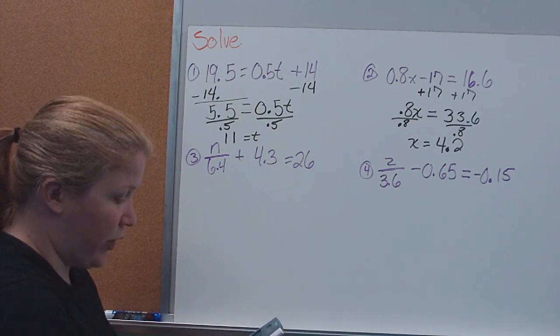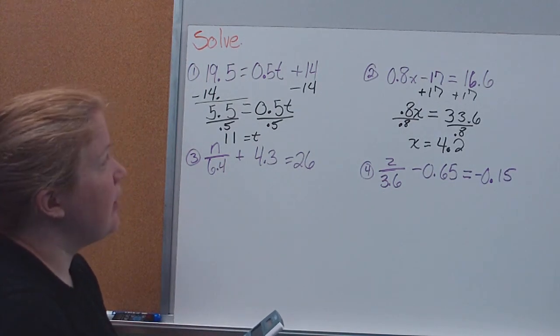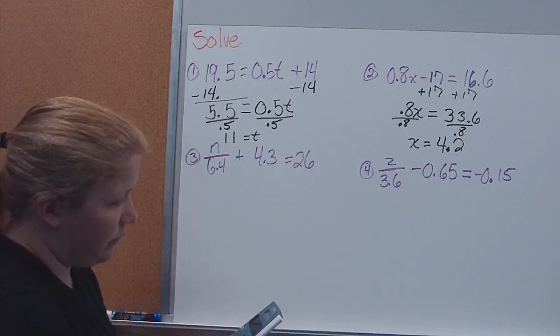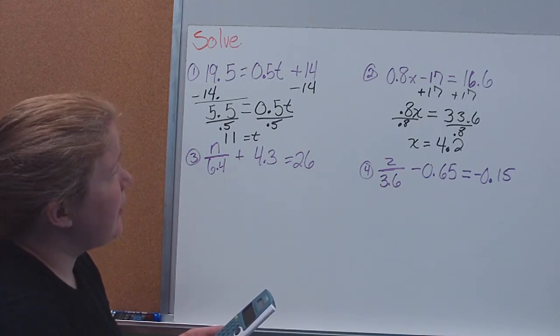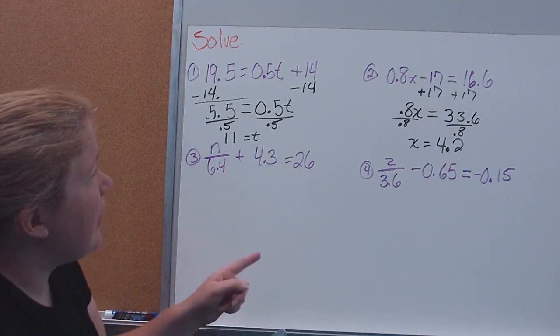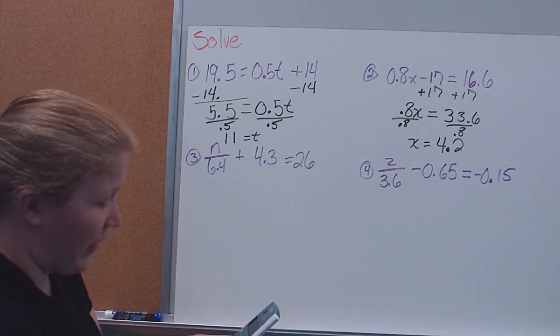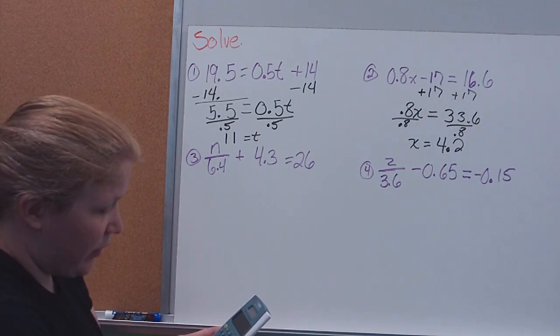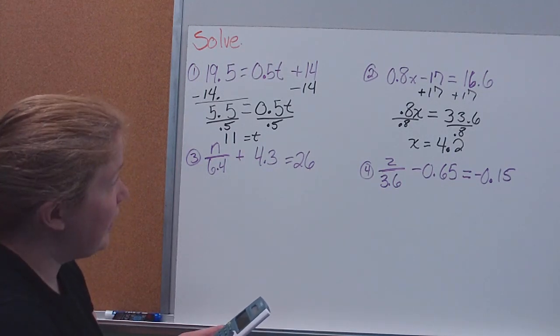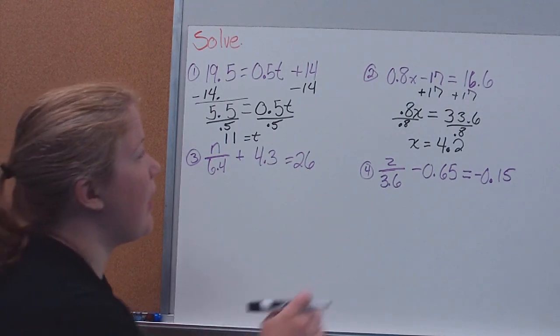0.8 times 4.2 minus 17. I must have done something wrong somewhere, because that does not check when I try to put it in my calculator. 33.6 divided by 0.8 gives me 42.